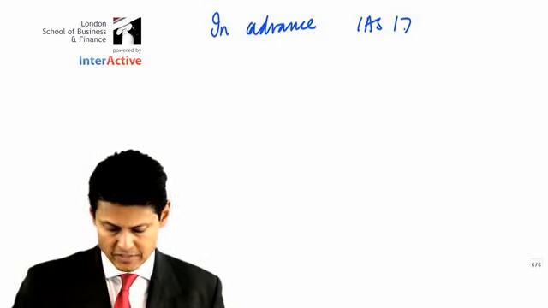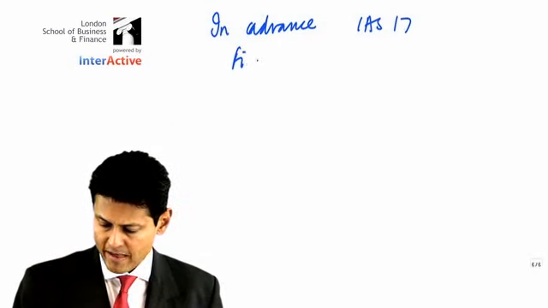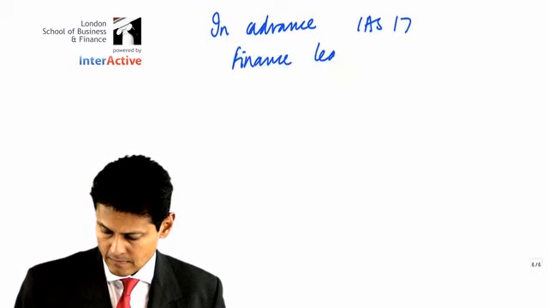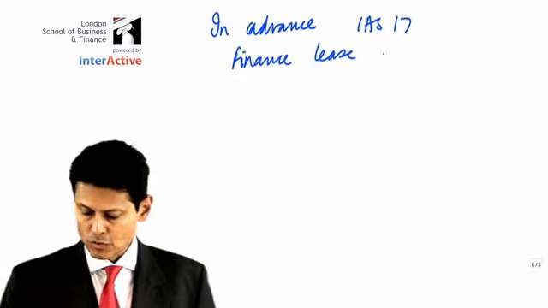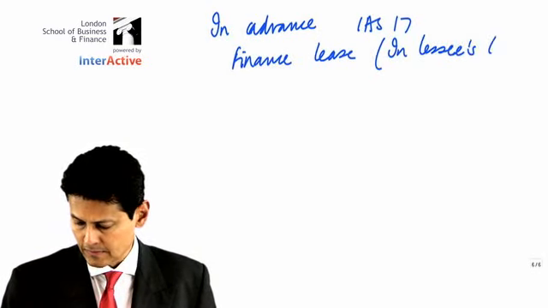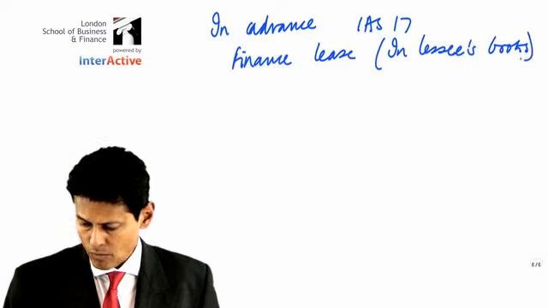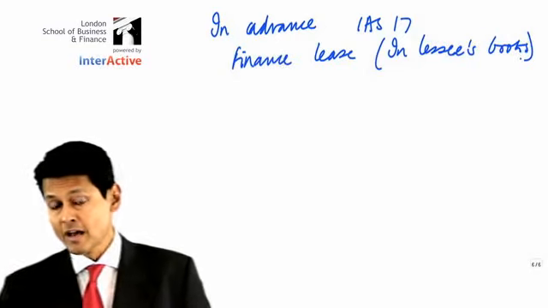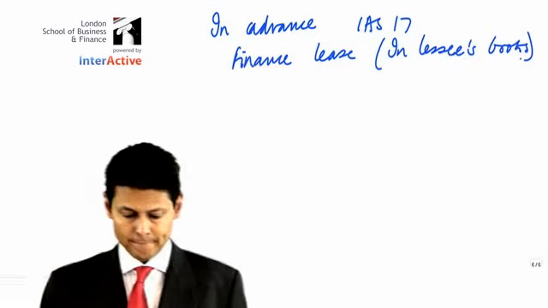IAS 17. We have a finance lease, and we have the lessee's books. Once more, you're the lessee. You need this motor car for one of your staff. I'll be the lessor, the bank.